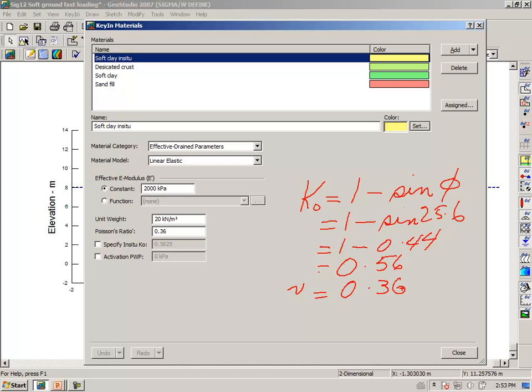So this is how the Poisson's ratio was selected in order to get a K0 value of approximately 0.56.